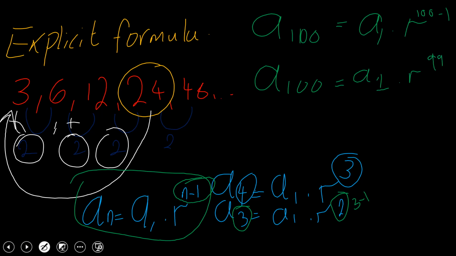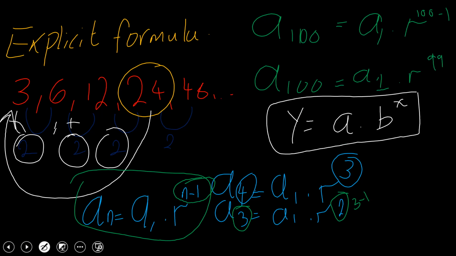As you see here, is it the same as the exponential function that we said in the previous lessons, that the exponential function is y equals a times b raised to the power x.